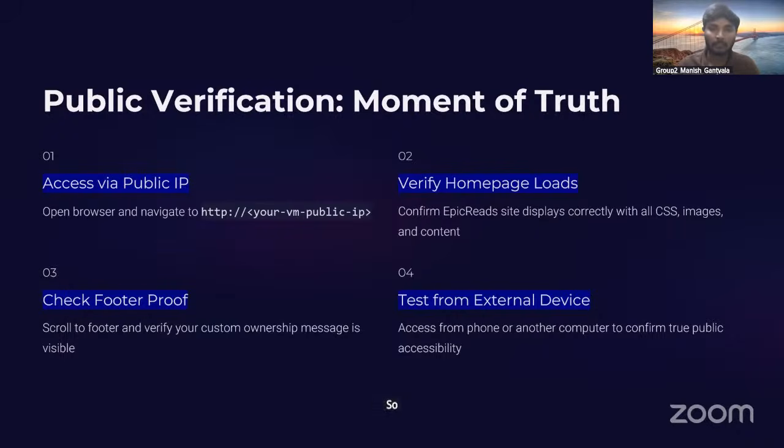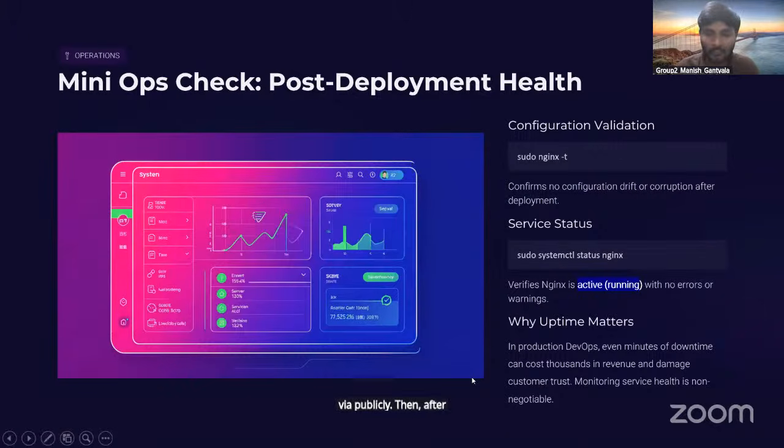That is the proof of verification, confirming that our site is served via Nginx publicly. Then, after deployment, deployment is not the only big task. We have to run post-deployment health checks.